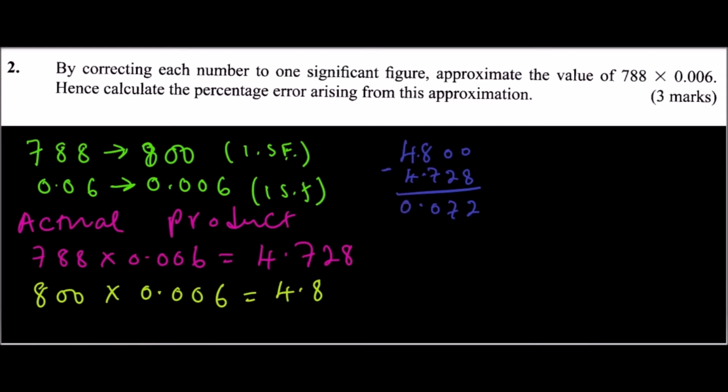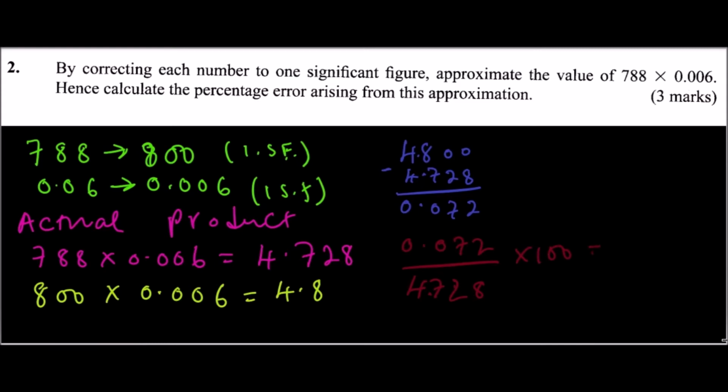After that, you need to get the percentage error. So you take the difference, which is 0.072. You divide by the actual, which is 4.728, and you multiply by 100.